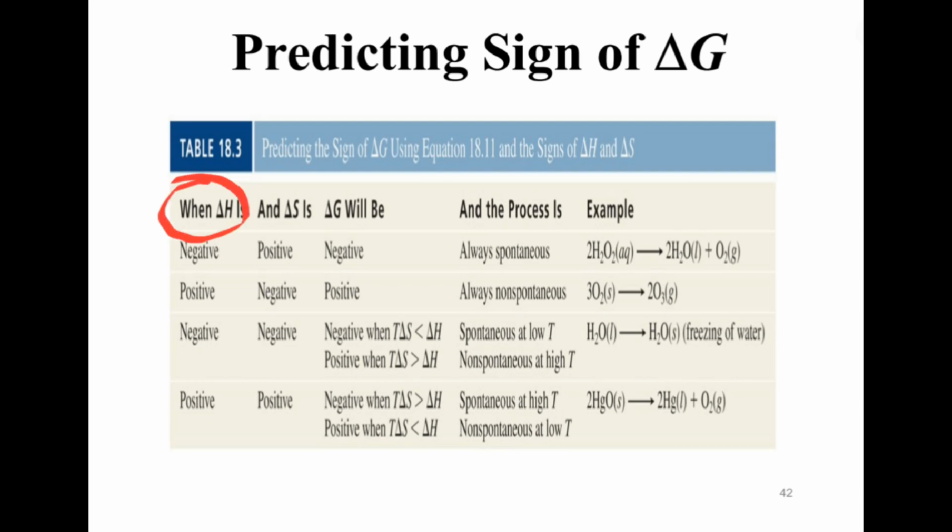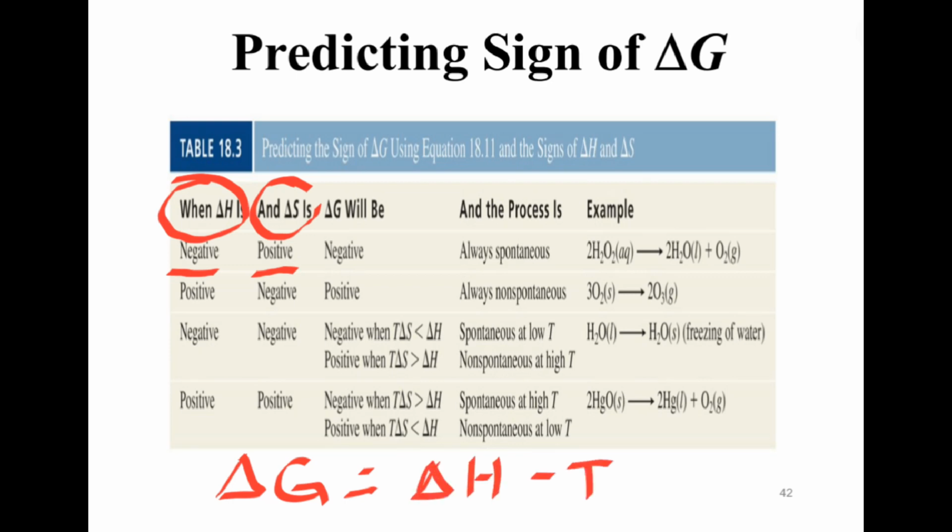When change in enthalpy is negative and change in entropy is positive, remember the equation for Gibbs free energy is change in enthalpy minus T temperature times change in entropy, right? ስለዚህ if change in enthalpy is negative and change in entropy is positive, change in Gibbs free energy will be always negative.